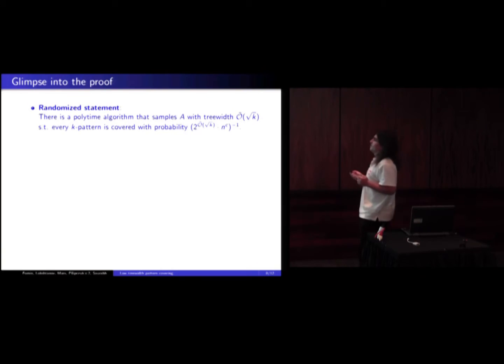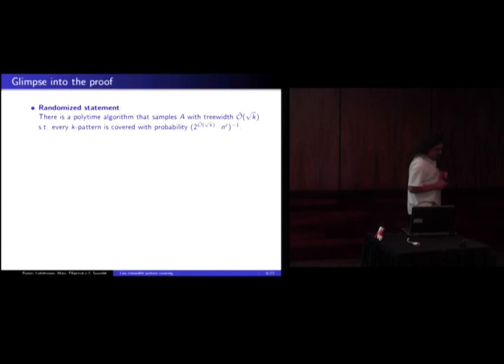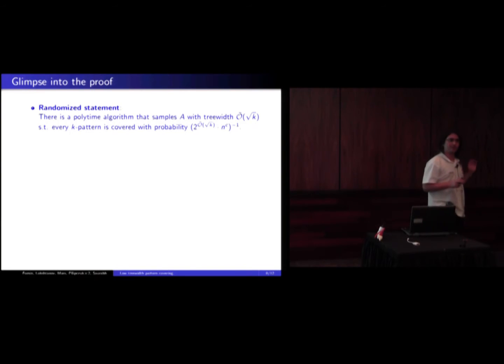What we are doing is that the whole algorithm is randomized. The statement that we are proving is that there is a polynomial time algorithm that samples this subset A that has small tree width, so that it achieves a good probability of covering the pattern.